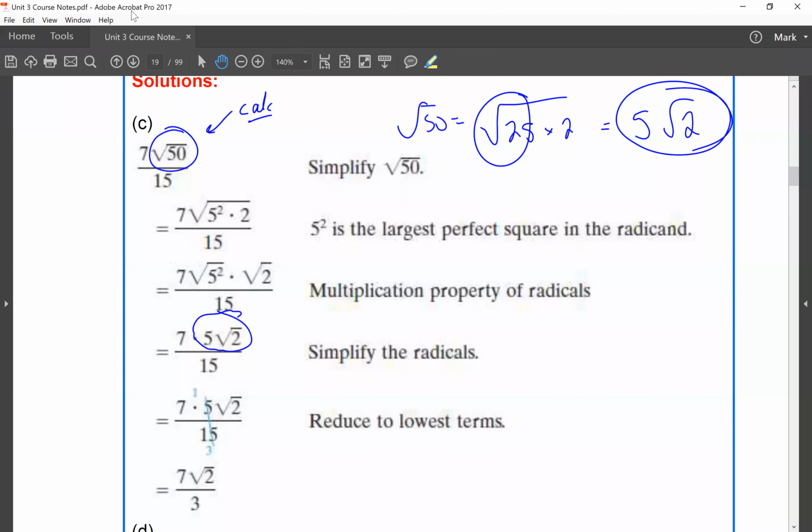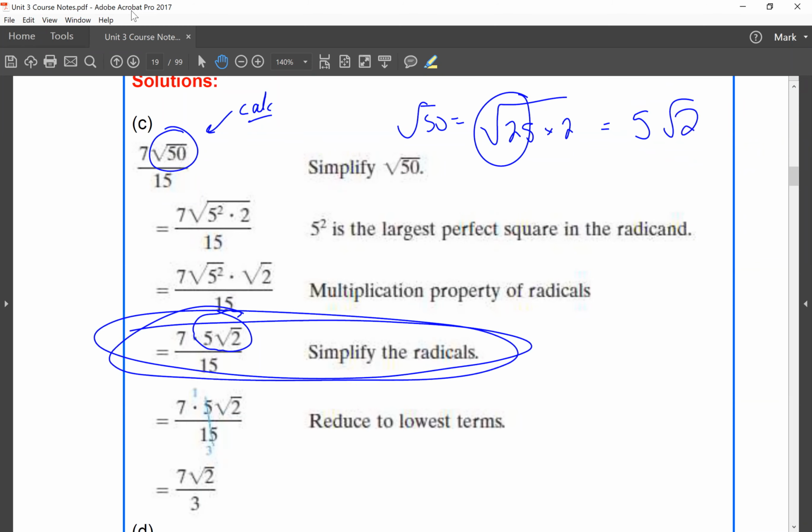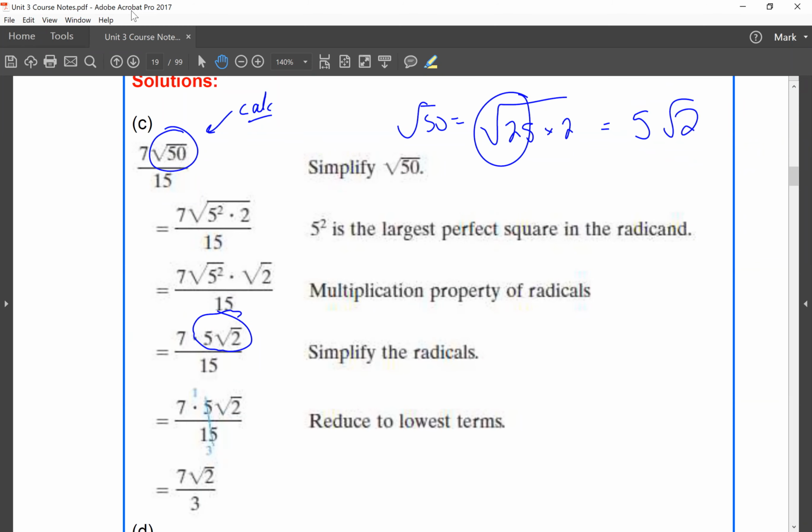Okay, so now what do you do? I haven't gotten rid of anything. I've just simplified root 50. So I still have my 7 and my 5 and my 15, but I'm going to reduce to lowest terms.